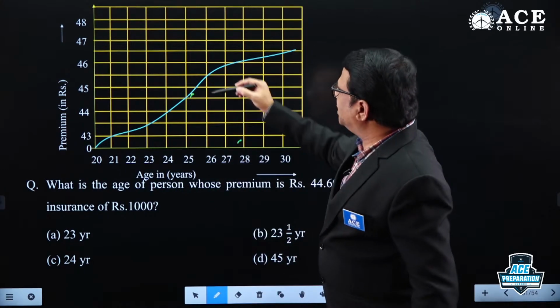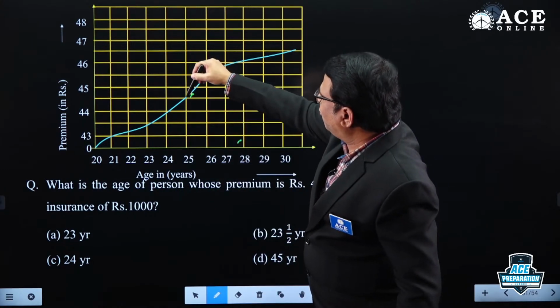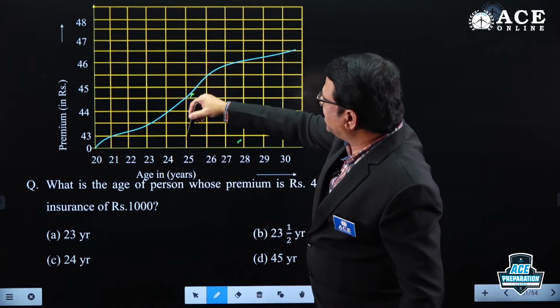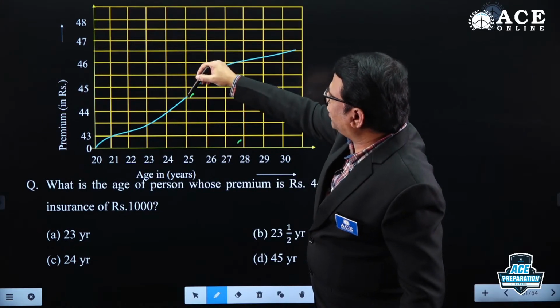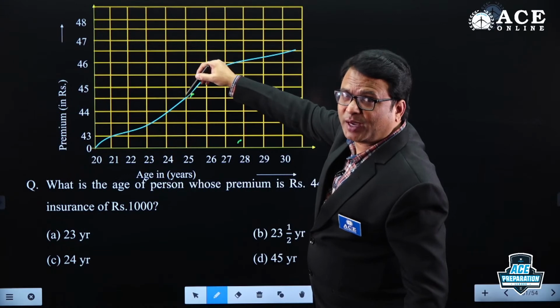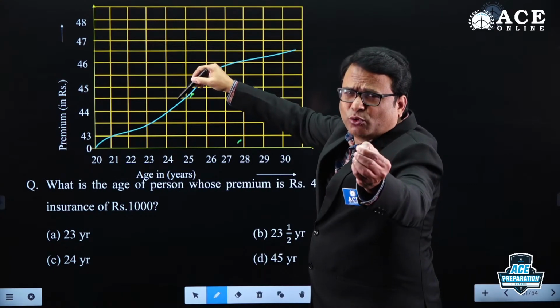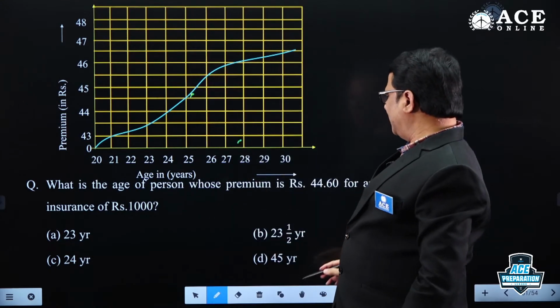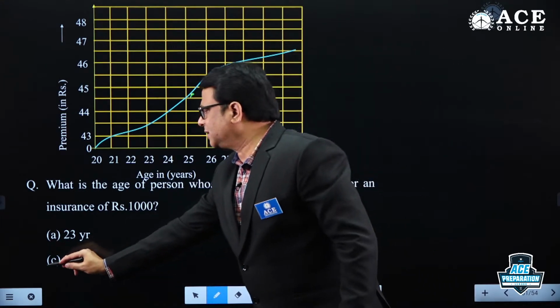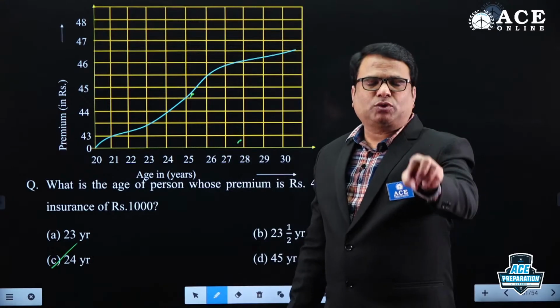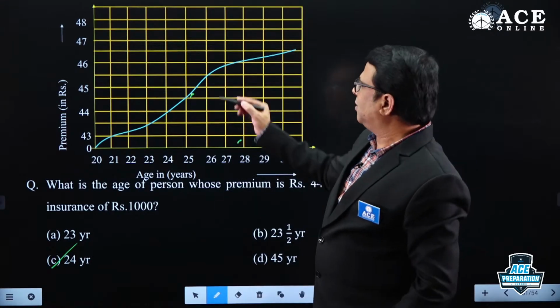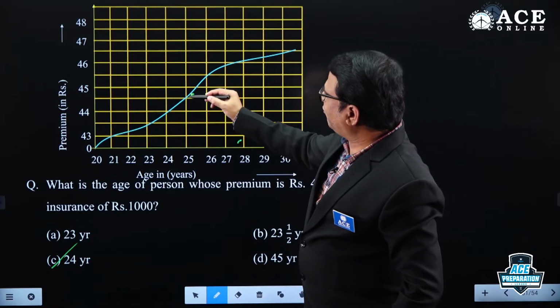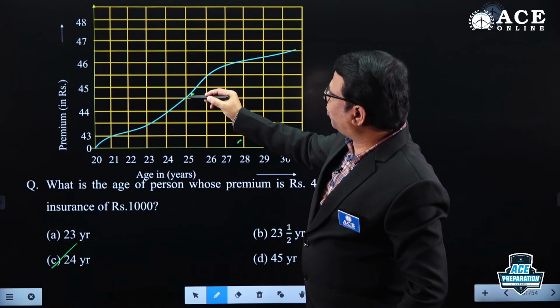You can clearly see 44.5 means it is touching here, and this is age 25. So when 44.6 rupees is the premium, the age should be slightly more than 25. But 25 is not given here, so I go for the answer as 24, but the actual answer is 25 years, because you can see that for 25 years the premium is 44.5.